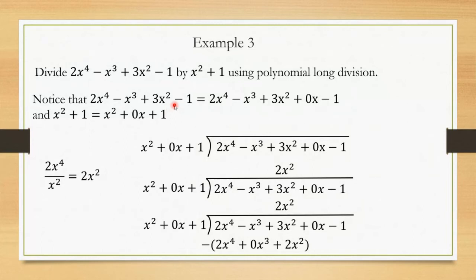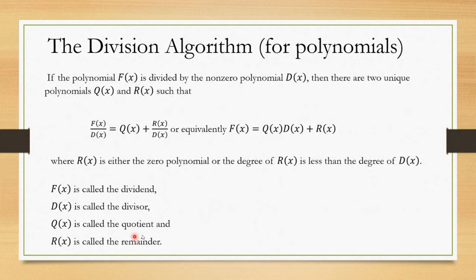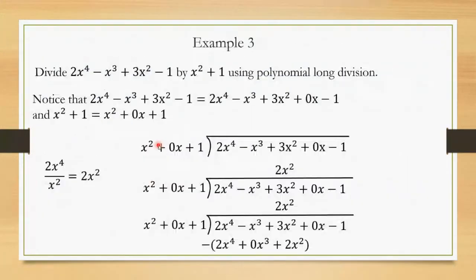Now, here, what we're going to do is divide this polynomial by this one. We're going to use polynomial long division. Now remember, part of the procedure: this is the dividend, this is the divisor, following the notation here.